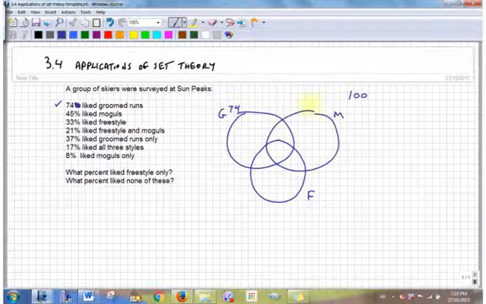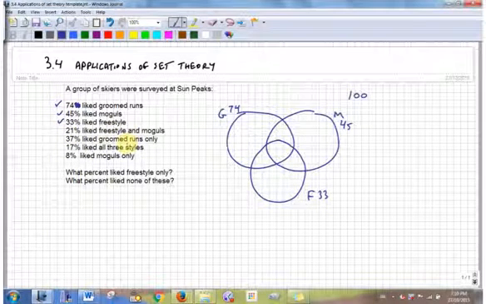Okay, 74 out of 100 liked groom. 45 people, if it's 100, liked moguls. 33% liked freestyle. Let's make that a little clearer. Okay, so I got that one, I got that one, I have that one. 21% liked freestyle and moguls.